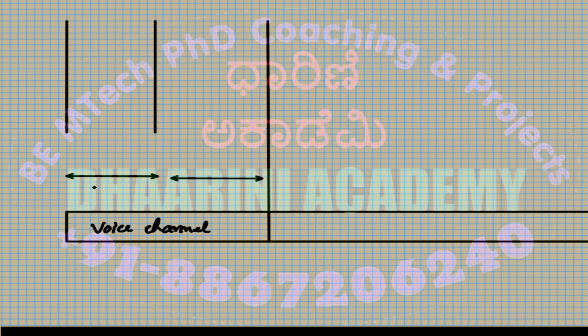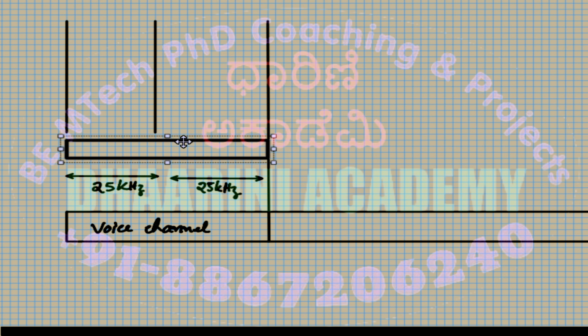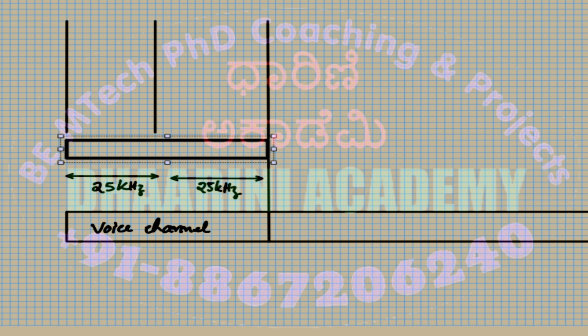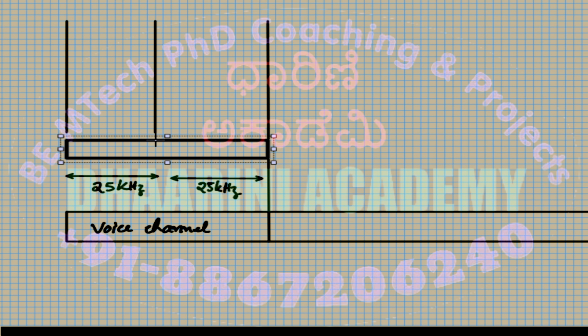I have totally one 25 kilohertz phase, and this is another 25 kilohertz. Now, depending on the application and how much bandwidth you need, you can divide this total space, this total 50 kilohertz space, out of which we have assigned already a 25 kilohertz. We have split this into 25 and 25.